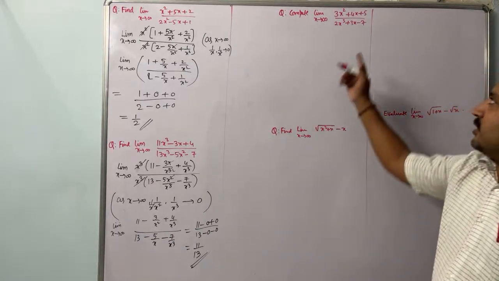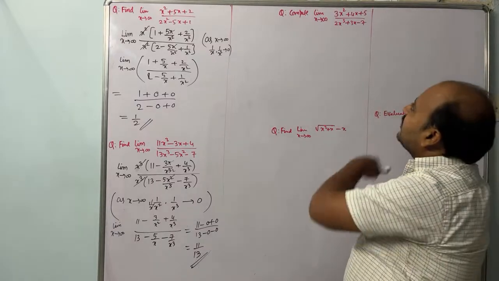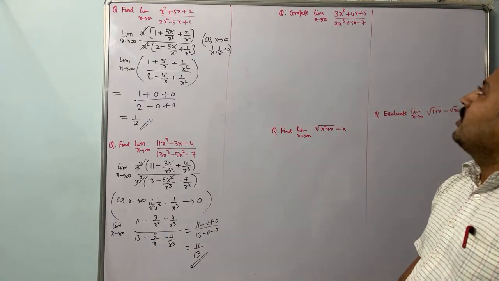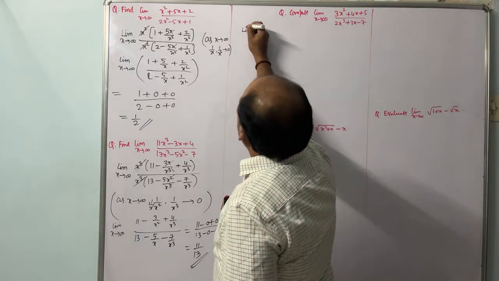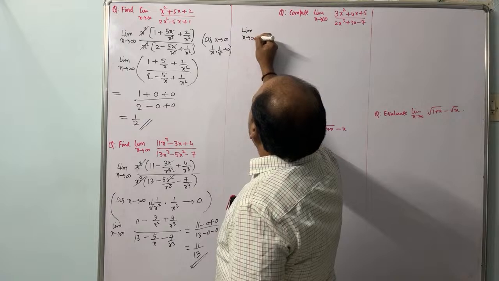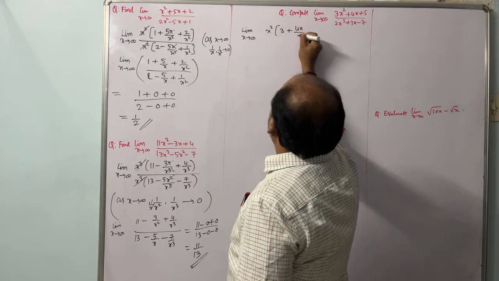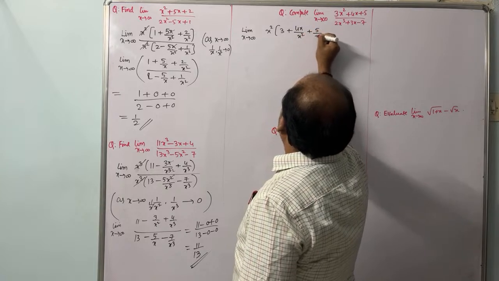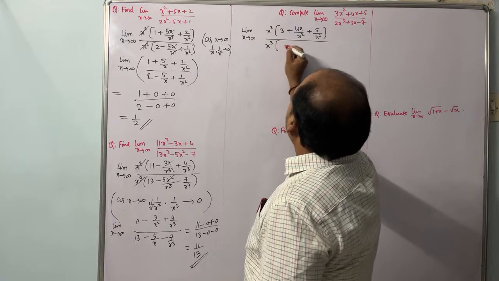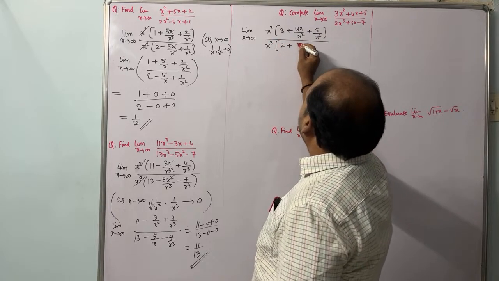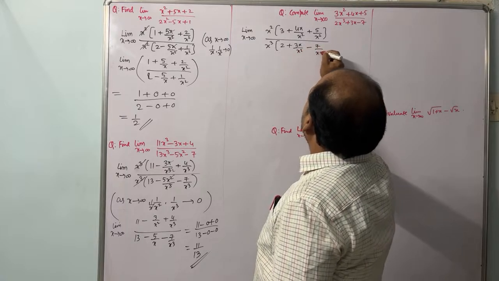So now come to another question. Limit x tends to infinity, 3x square plus 4x plus 5 by 2x cube plus 3x minus 7. So first take the limit, x tends to infinity. X square I am taking common. 3 plus 4x divided by x square plus 5 divided by x square whole divided by x cube take common. 2 plus 3x by x cube minus 7 by x cube.